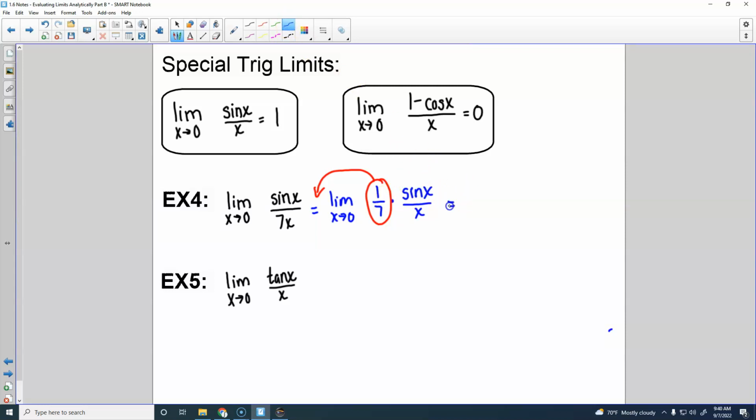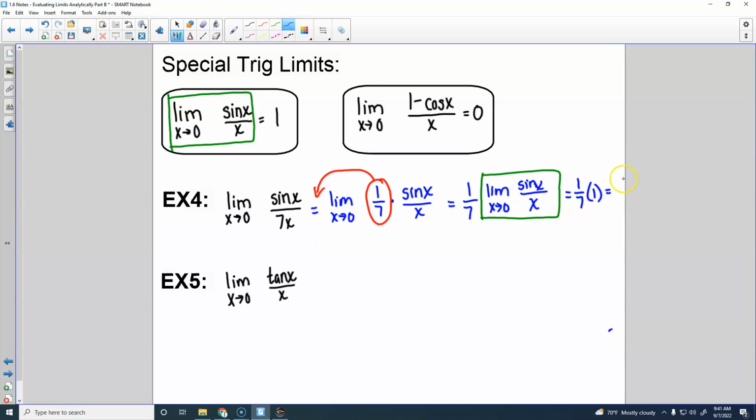So I can write it like this, 1/7 times the limit as x approaches 0 of sine x over x. Now, this stuff right here, limit as x approaches 0 of sine x over x, that is the same as this. What does it equal? 1. So you don't have to write the step, but that means we got 1/7 times 1.